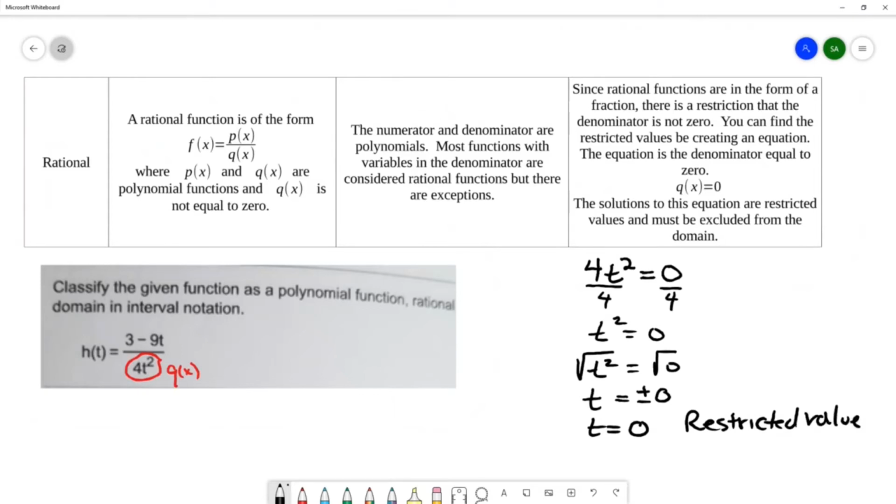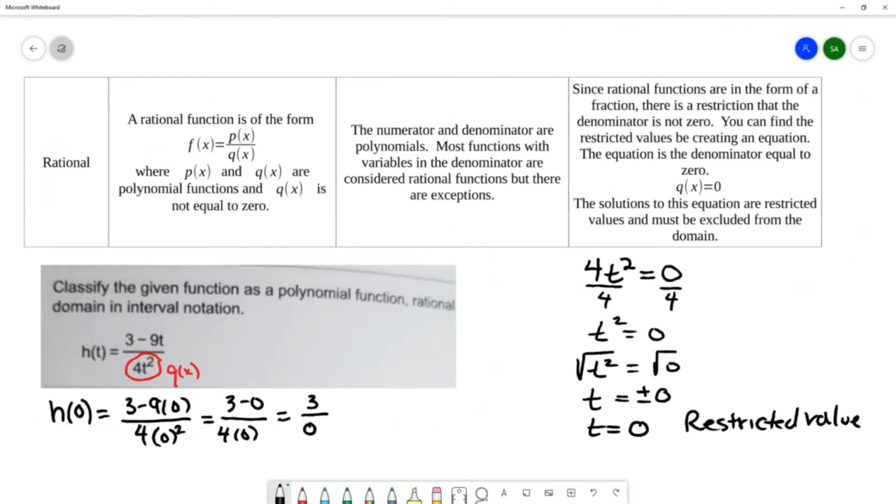What that means is that it's a restricted value, it's going to cause the function to be undefined. So let me show you what I mean. If I were to substitute a 0 into this function, we would have 3 minus 9 times 0 over 4 times 0 squared. And when we simplify, we would have 3 minus 0, because 9 times 0 is 0, over 4 times 0, because 0 squared is 0. 3 minus 0 is 3, and 4 times 0 is 0.